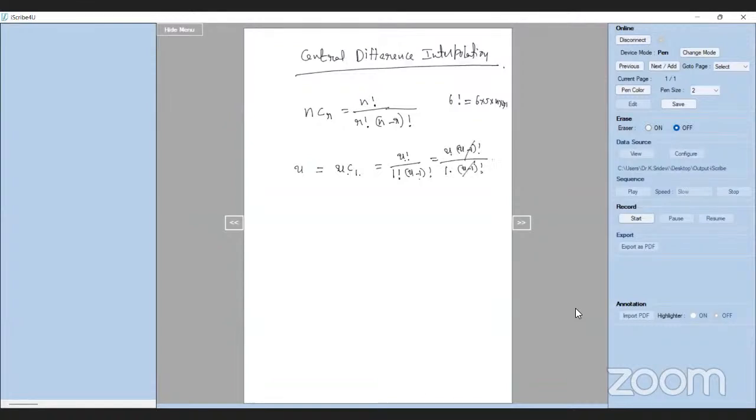Both get cancelled and the remaining term is u. So u can be written as uC1. Now let me show the same screen.